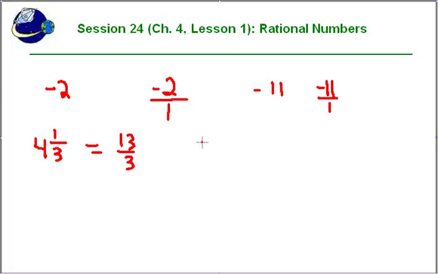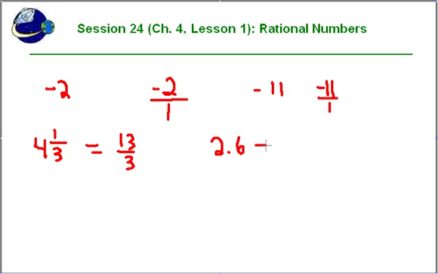A decimal number. How about the number 2.6? Is 2.6 a rational number? Can it be written as the quotient of two different integers? Well, first of all, it might be helpful to change 2.6 into a mixed number.